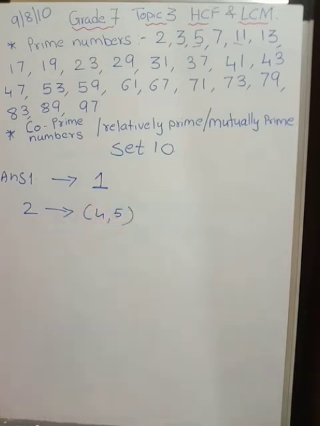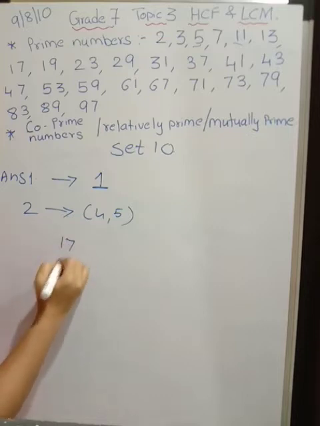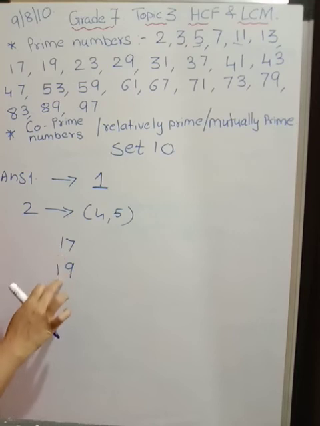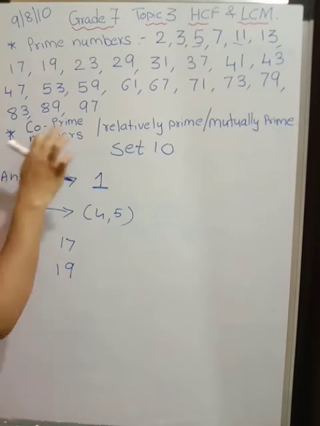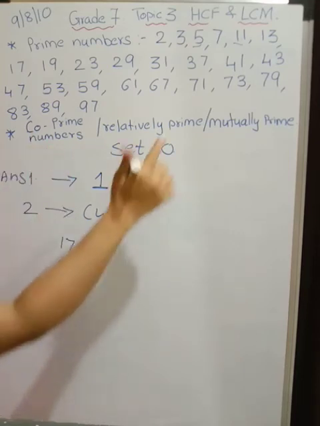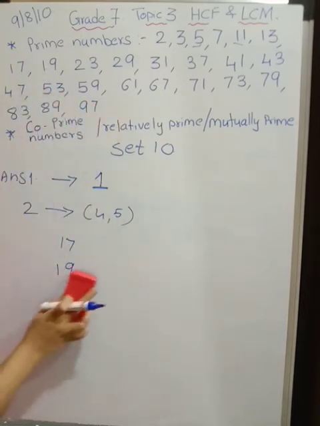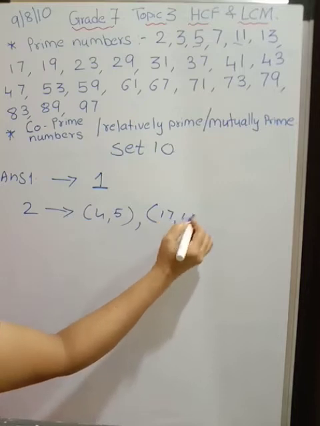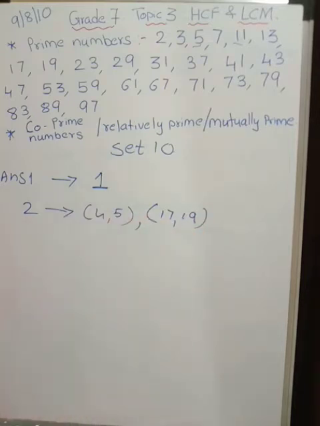Let us check another pair which they have given, 17 and 19. I have told you earlier, any 2 prime numbers are always co-prime numbers. Both are prime numbers, you can see 17 and 19. So without doing anything, we can write that 17, 19 is also a pair of co-prime numbers.